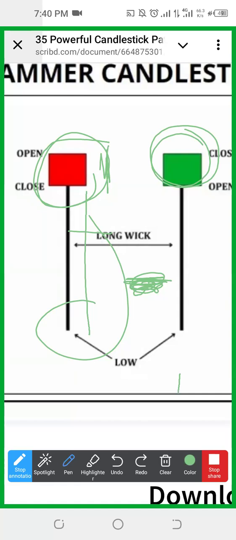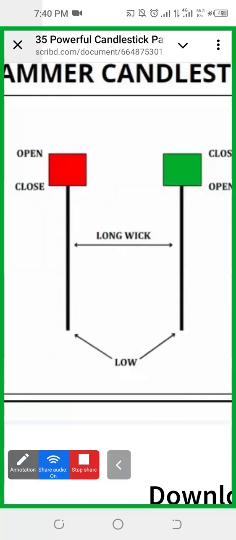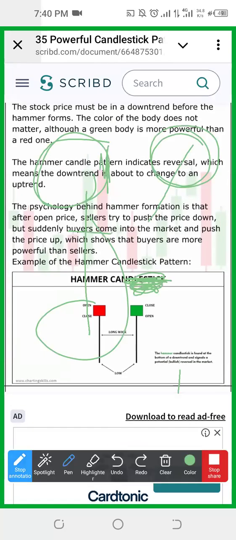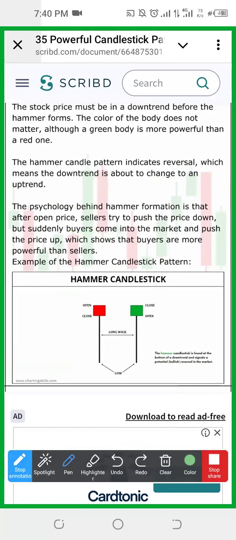So what I was saying is that we need to identify this kind of candlestick in a downtrend. Whether in the 1 hour, 4 hour, or daily charts, when all the candles are coming down, in a downtrend we have more red candles. Let's say the market has been coming down like this.